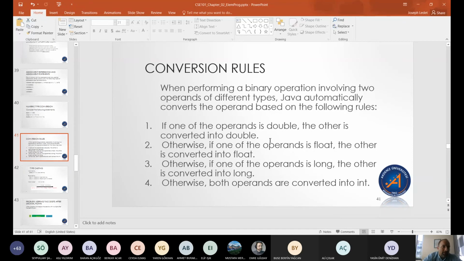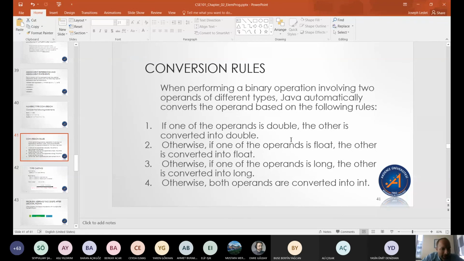Okay? So we would get 2.5. Same thing with the float. Otherwise if neither is a double, if one is a float, the other is converted into a float, and again, a floating point operation is done. And then the same thing with long and then int.